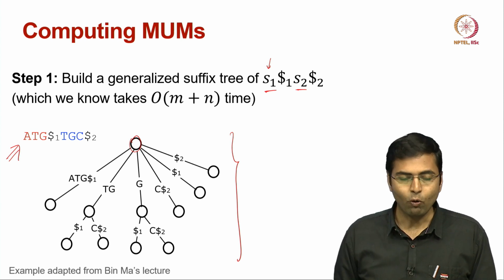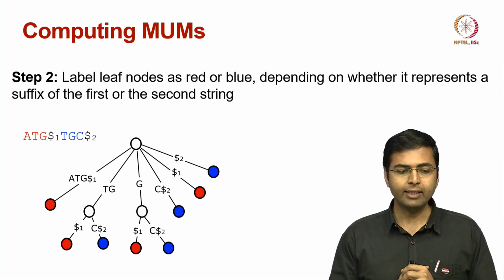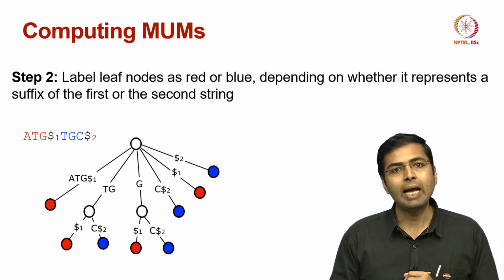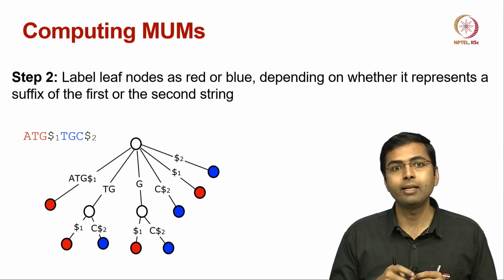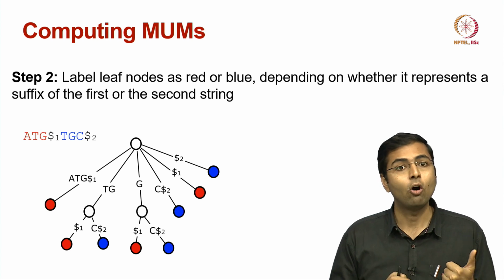Okay, so what next? Once we have built a suffix tree, we are going to label leaf nodes as either red or blue, depending on whether the leaf node represents a suffix of the first string or the second string.